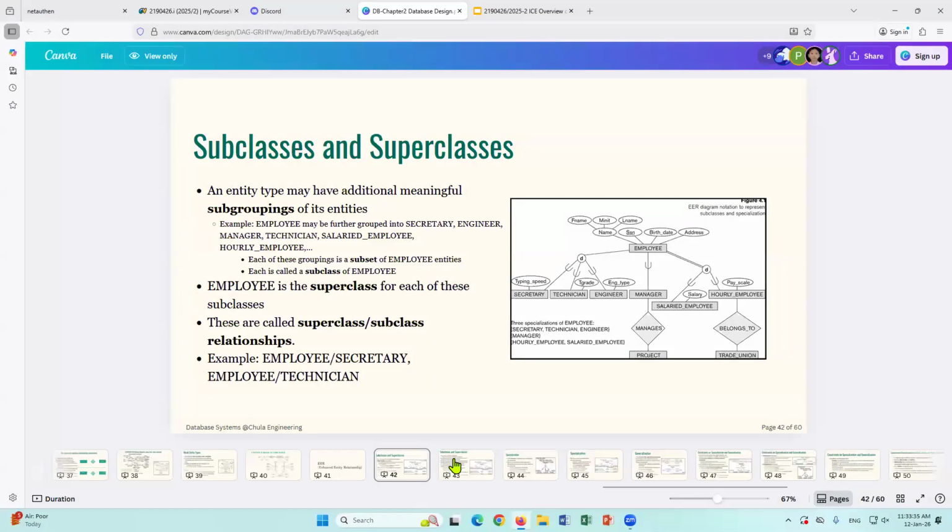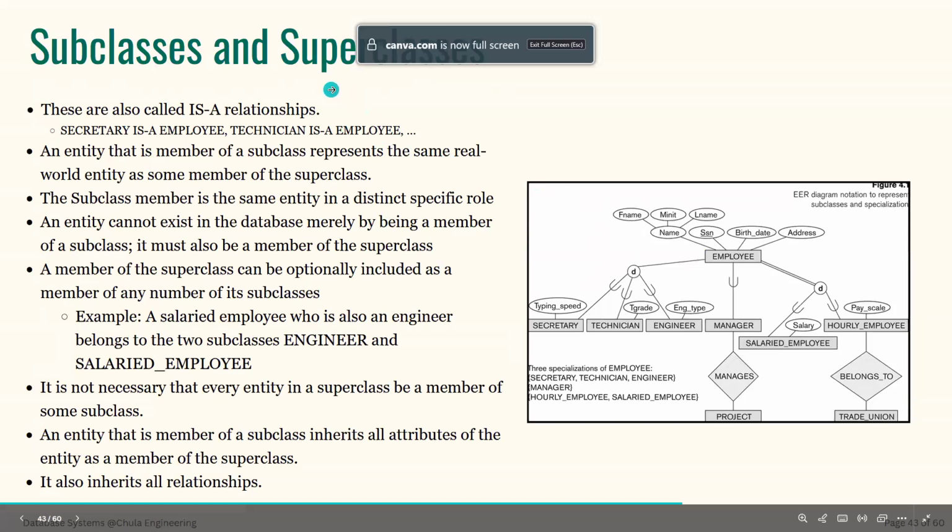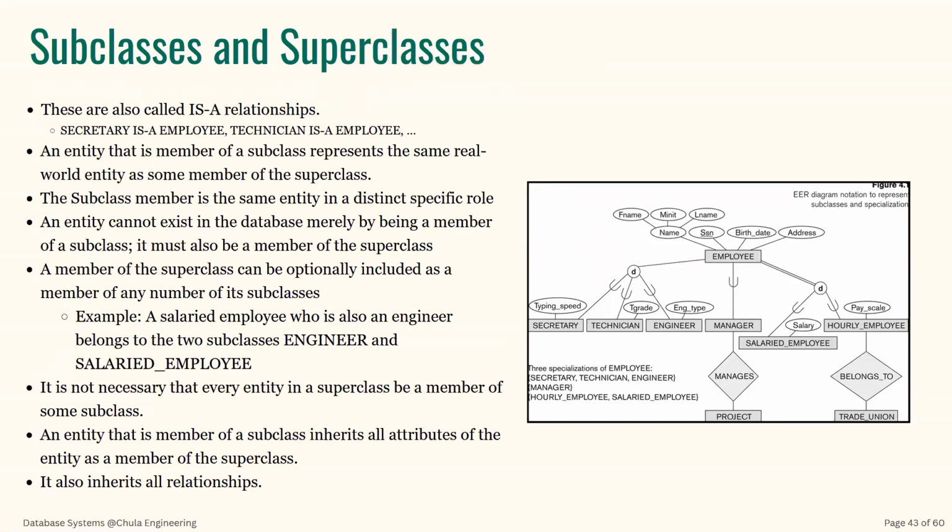Right. Now, when you do the subclass and superclass, we will read it in the database as "is a". So we say secretary is an employee, technician is an employee, engineer is an employee, because they are subclasses of employee. So the entity that is a member of the subclass would take the same set of attributes from its superclass.